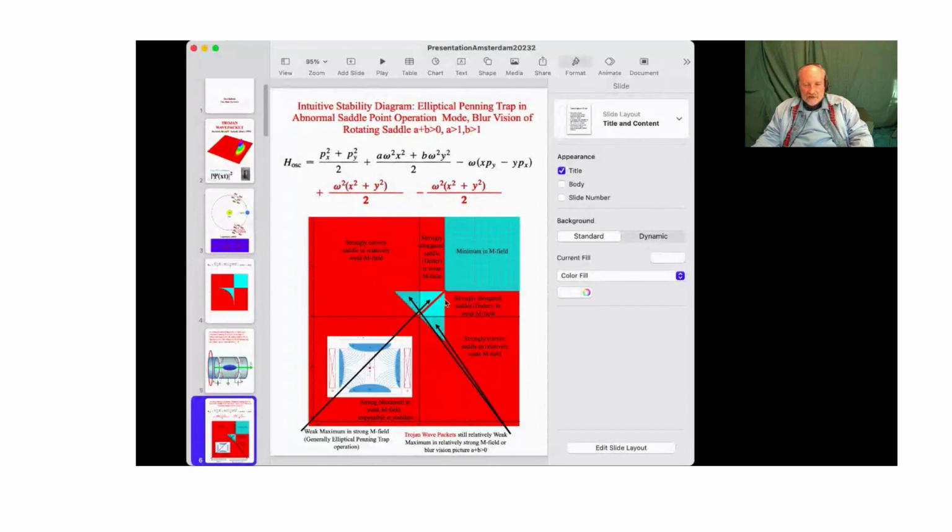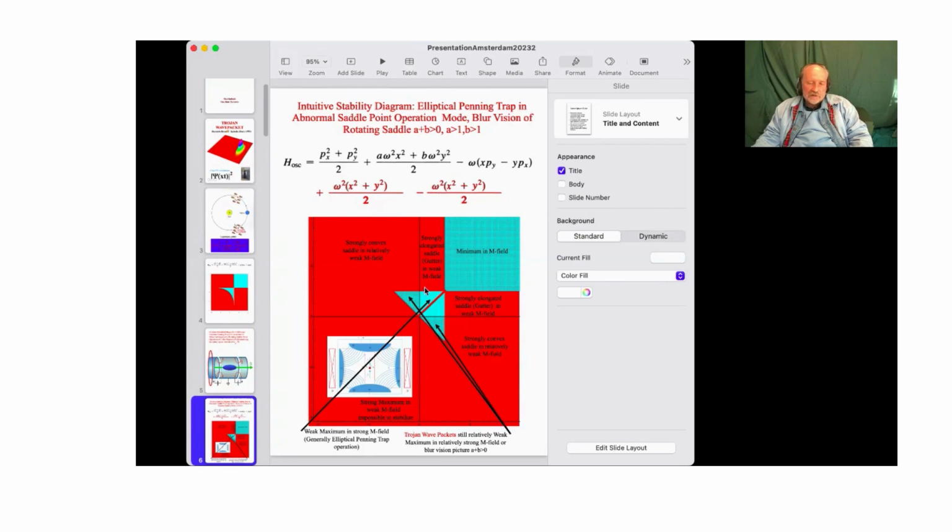But basically the intuitive picture is predicting, and the normal Penning trap corresponds to this square, and strictly the original one for which the Nobel Prize was granted corresponds to this fat red line. So in other words, you can look at the Trojan atom in the rotating frame as the elliptical Penning trap.